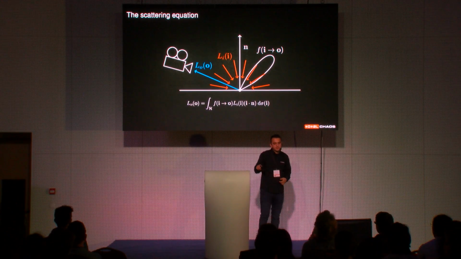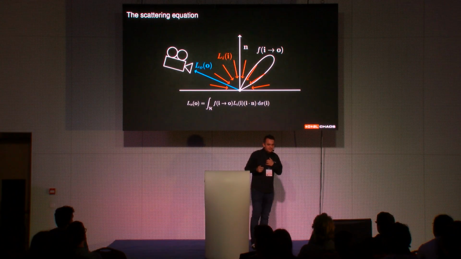The light curve is the BRDF function, which for a fixed direction O is just a spherical surface, which says how much light will be reflected from the corresponding direction towards our camera.